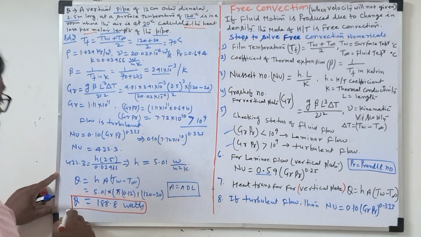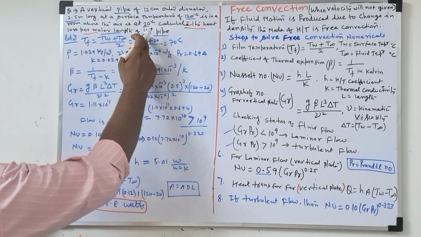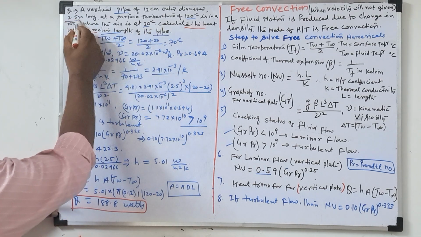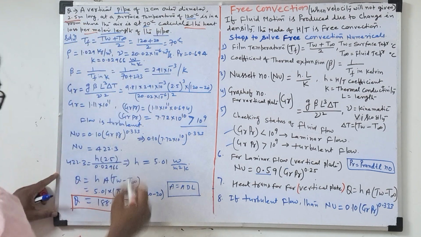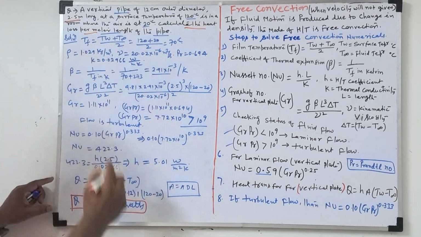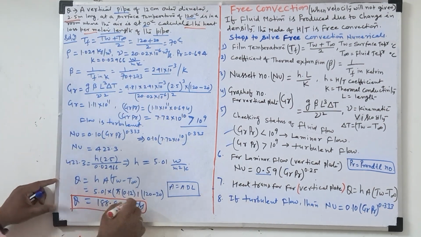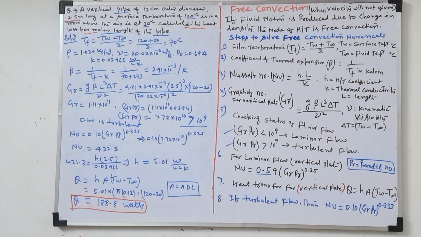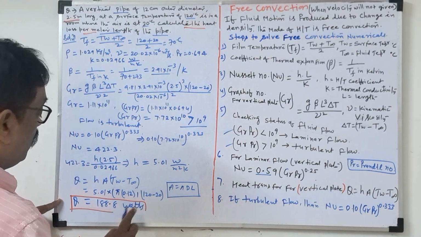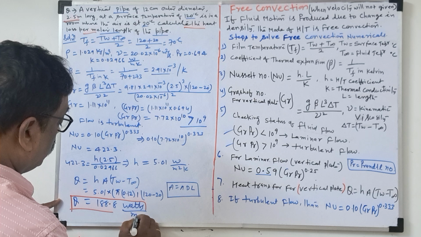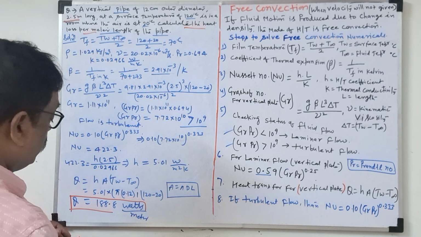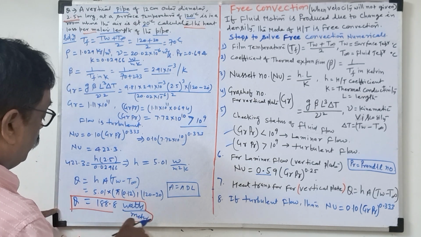If they ask only the heat loss of the pipe, then length will be 2.5 meter. But they are asking per unit length, so that's why we get 188.8 watt per meter. So you can write the unit also as watt per meter.